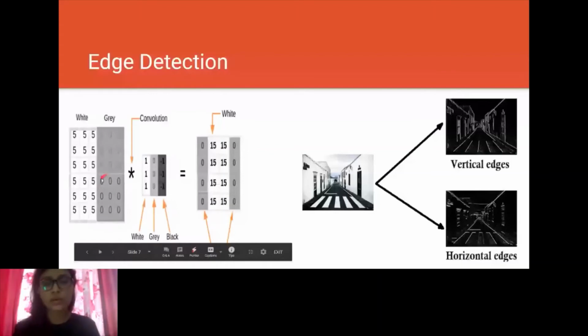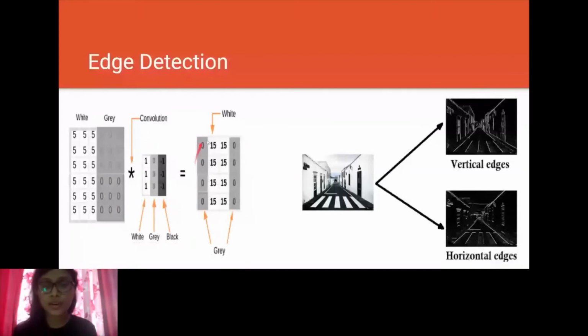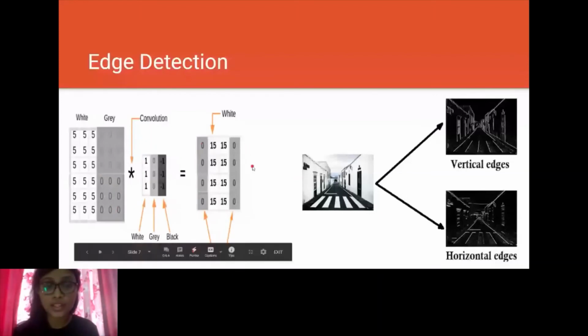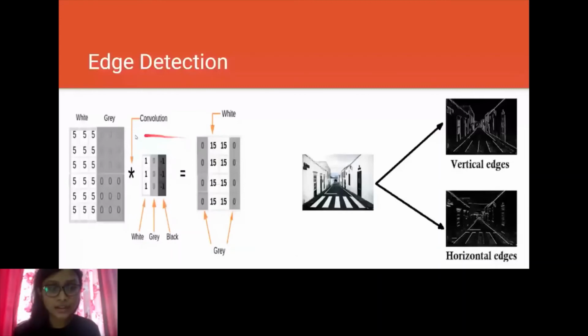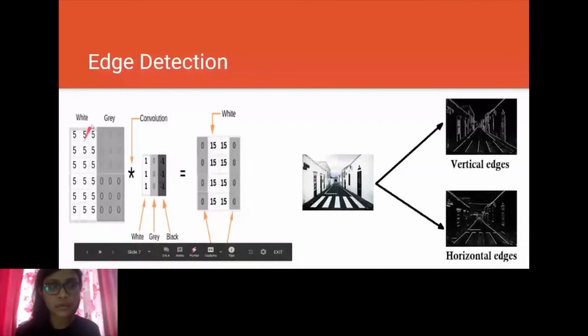So what we get in the output is a very important thing, because what the output matrix signifies is very important. You can see that we get a bigger number whenever we apply this filter matrix over this particular region where the gradation is there from white to gray.